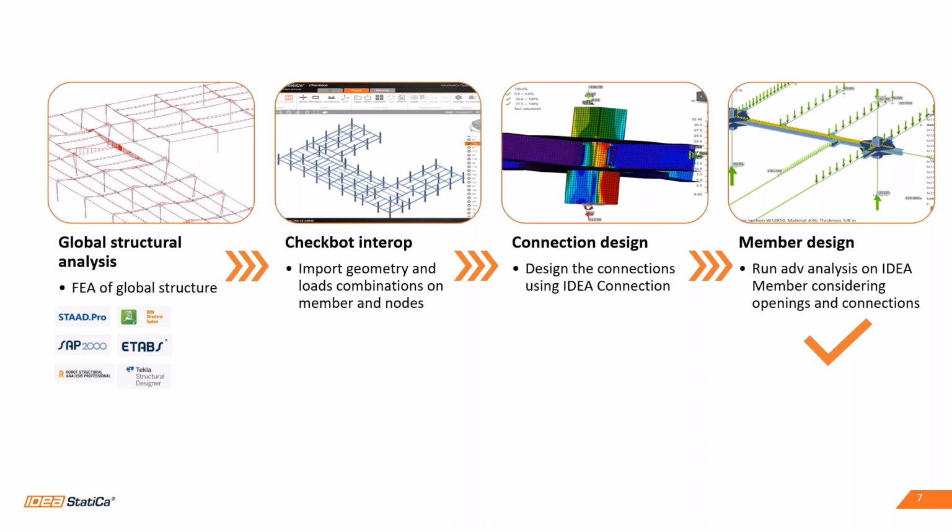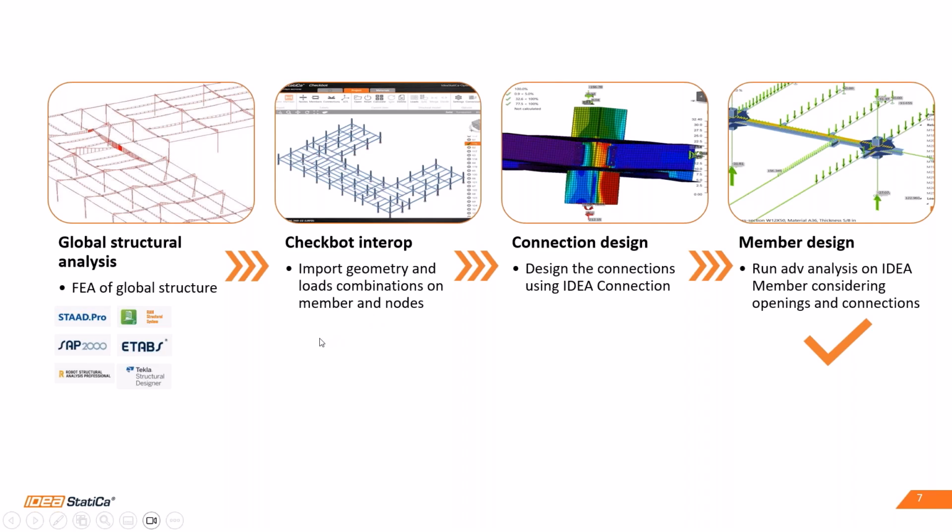So first of all, you'll need to run the analysis, of course, in your preferred application. I am putting here some of the applications that we have links for, but if you didn't find your application, I recommend going to our website so you can see if the application you're using can be connected to Checkbot. All right. Once you run the analysis, then you run the Checkbot interoperability. I have done many webinars and videos that you can see on our website of how to bring your structure from these applications into Checkbot.